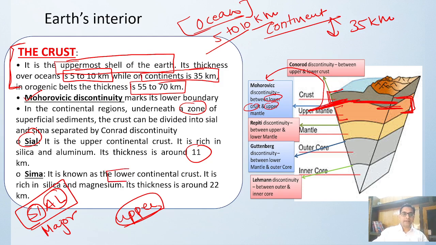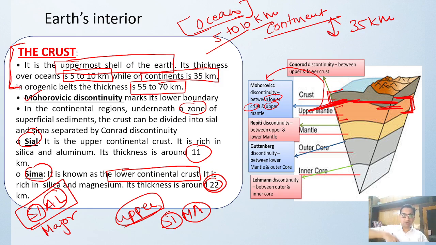And the lower continental crust, below that, is made of Sima, silica and magnesium. It has a thickness of around 22 kilometers. So Sial and Sima, that is silica and aluminum upper crust, and below that Sima, that is silica and magnesium. So this is the breakup of what the crust is made up of.